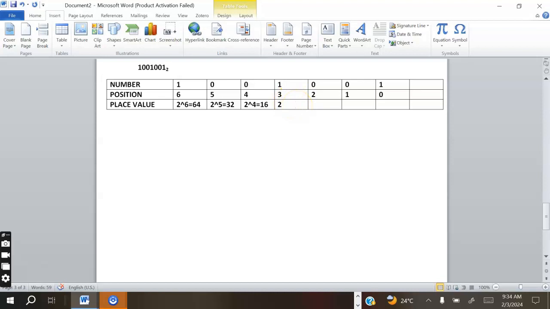While this one, raised to power 3, it's supposed to give us 8.